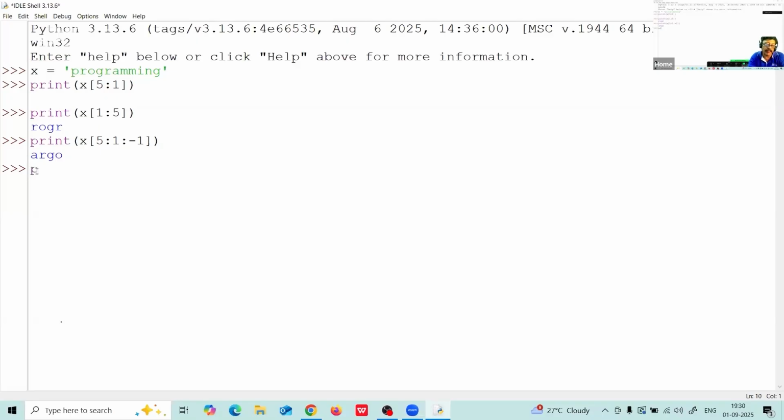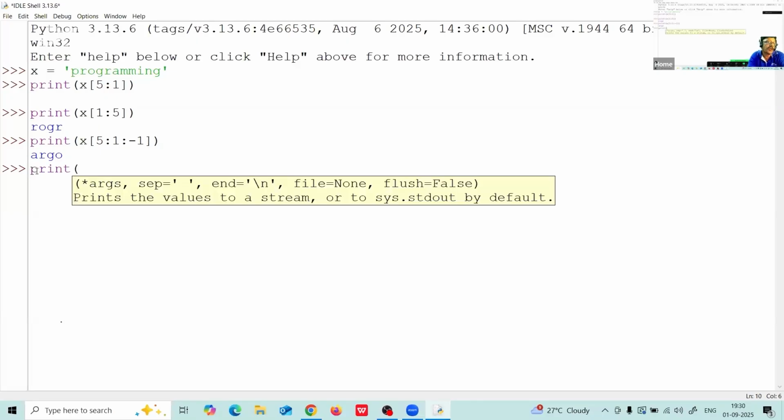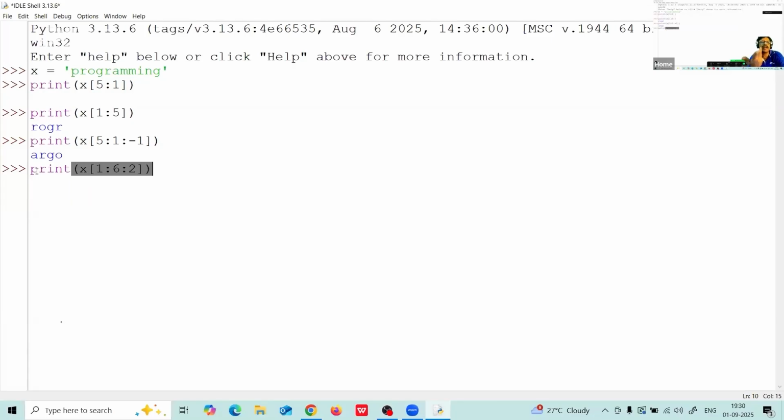Okay. So what will happen if I give print x square bracket 1 colon 6 colon 2? I am sure you understand this. Now start is 1, stop is 6. That means start is less than stop. If start is less than stop, then increment must be positive. They go hand in hand.